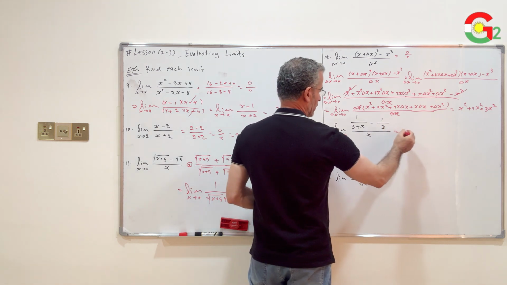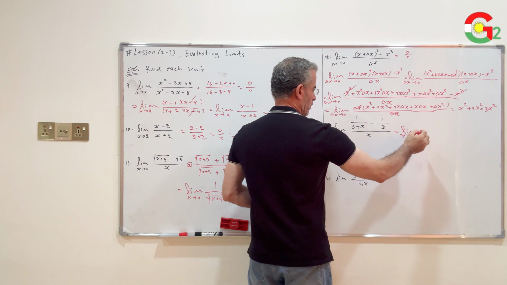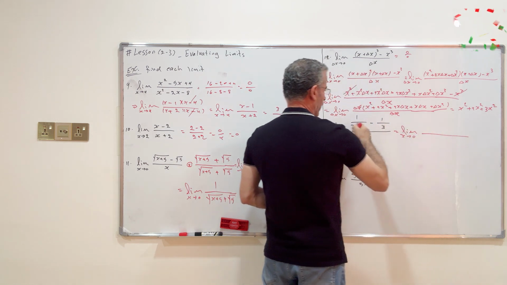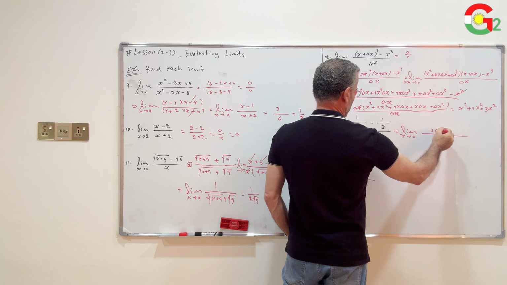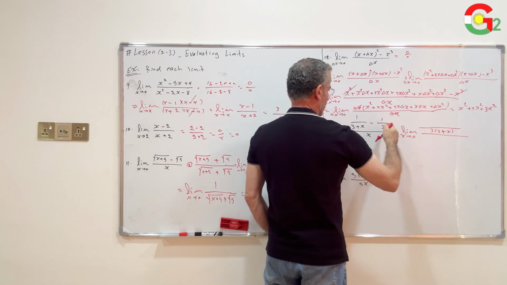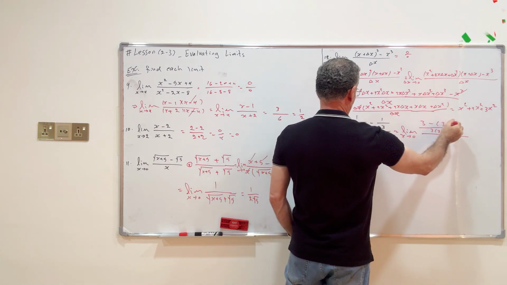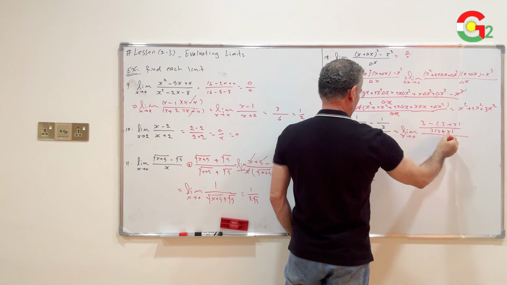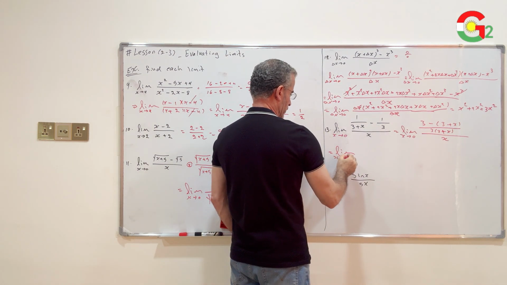Then the answer will be the limit as x approaches 0, unifying the two fractions in the numerator. The common denominator is 3 times (3 plus x). The numerator will be 3 minus (3 plus x) over x.